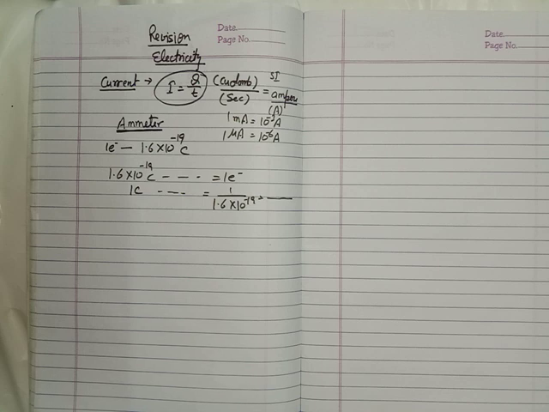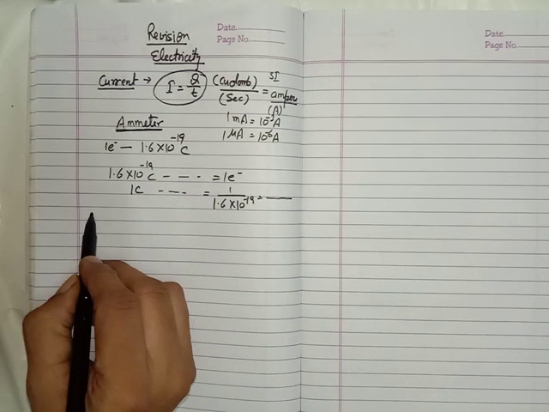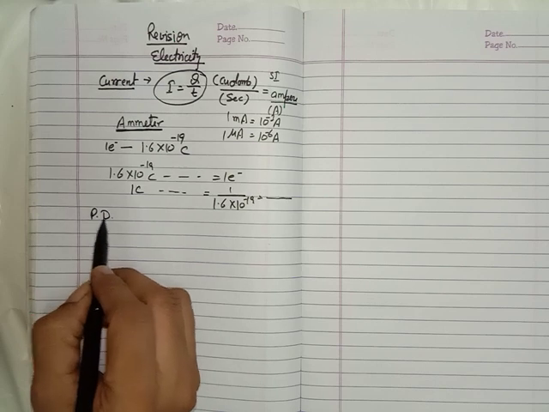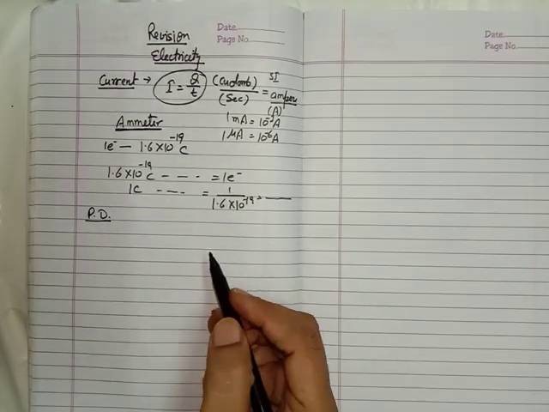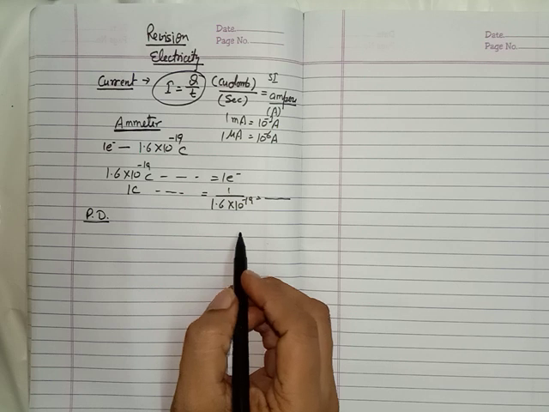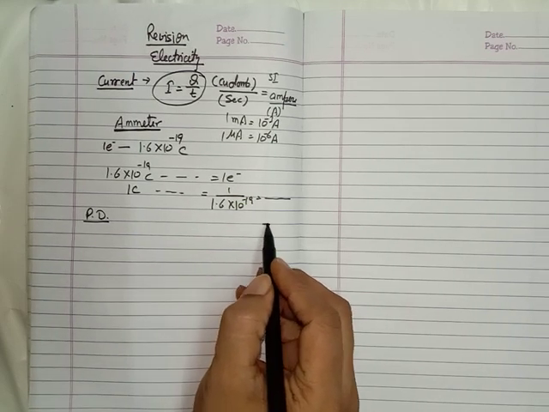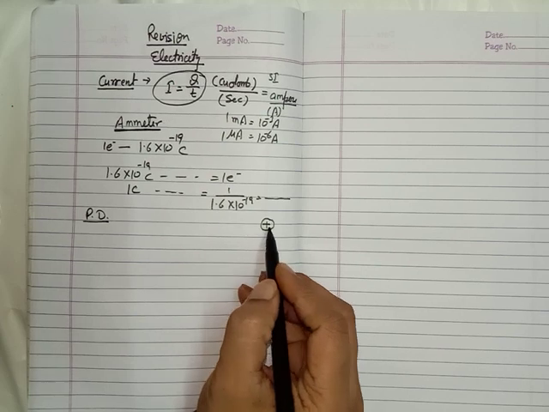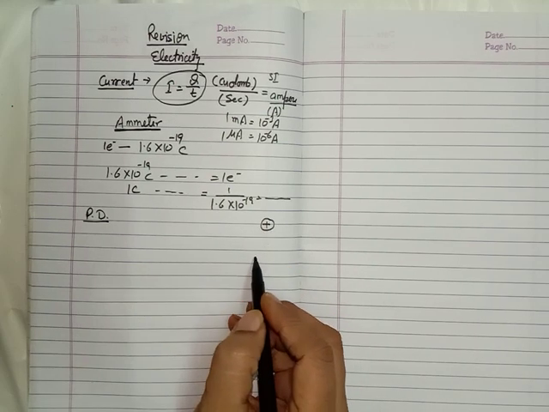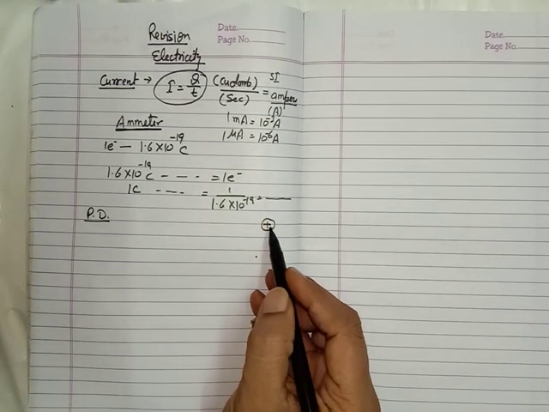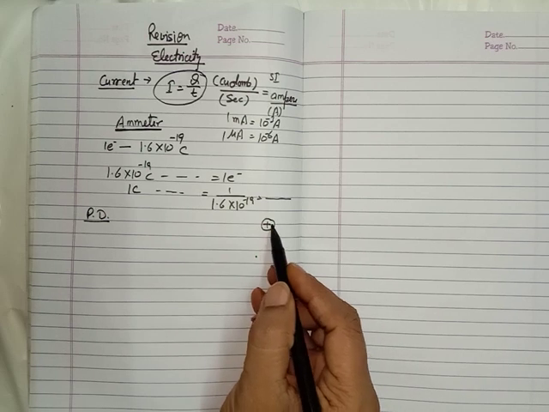Now in this chapter we have studied the potential difference. What is the potential difference? Actually, first of all we should know about the electric potential. Electric potential means suppose we want to carry a positive charge from infinity to this point.